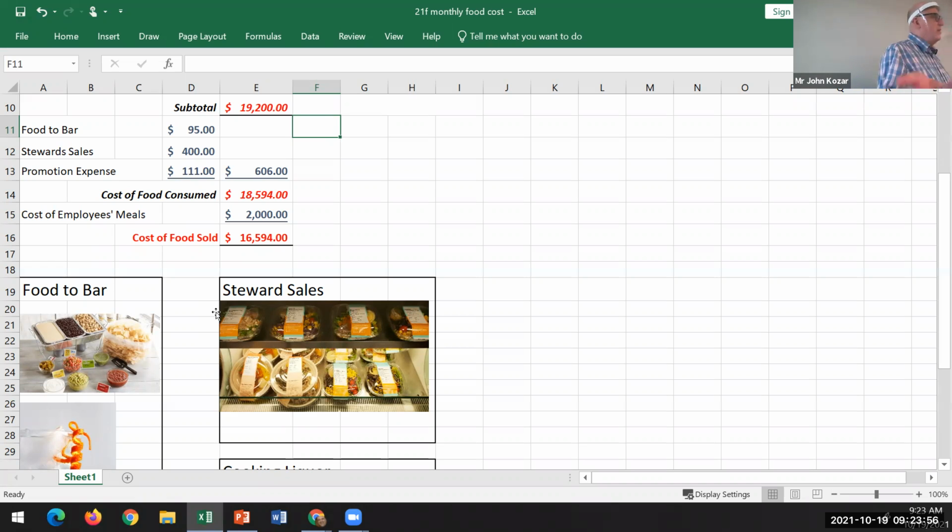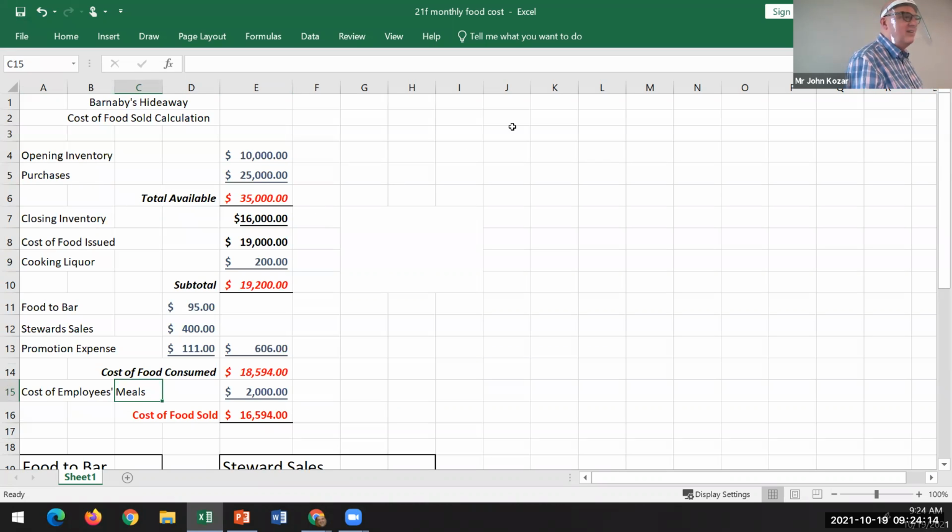So your food cost percentage is going to look higher than it really should. That makes sense? Because you send out however much stuff to the bar or any of these other things.